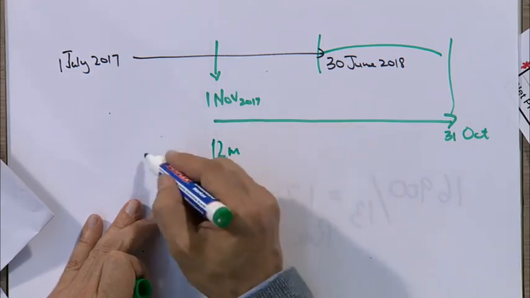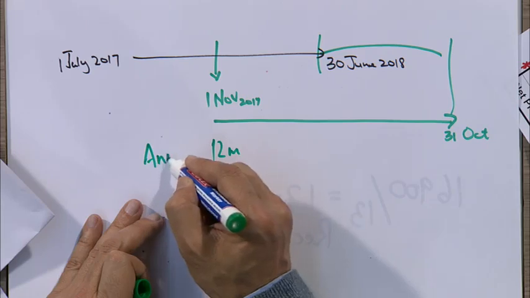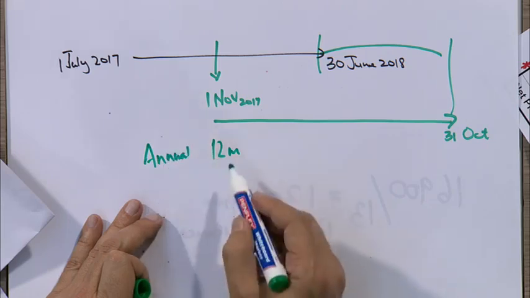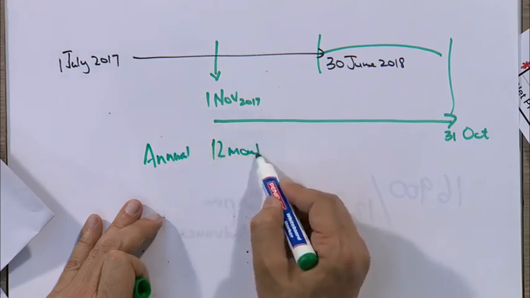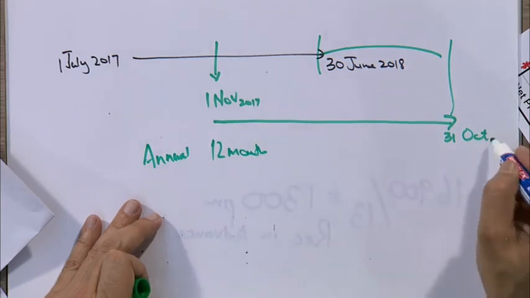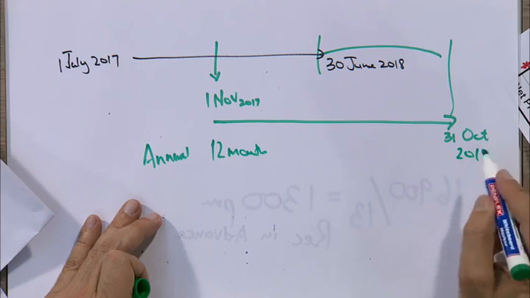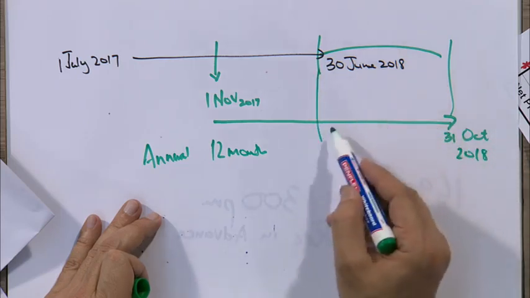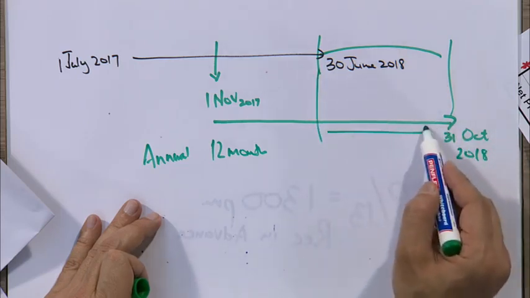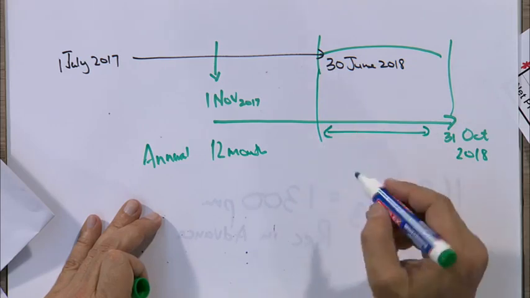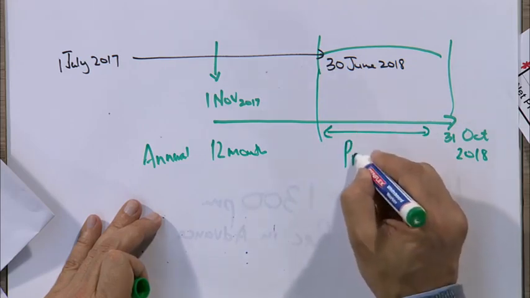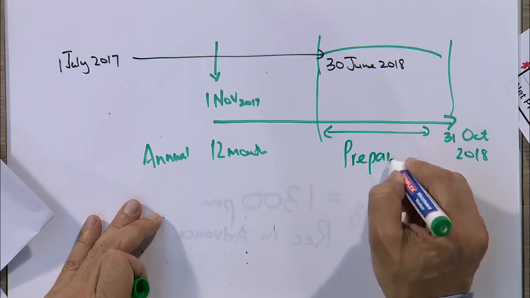So your 12 months, or they say it's an annual, is going to end on the 31st of October 2018. So all these months are paid for already. So that is prepaid.